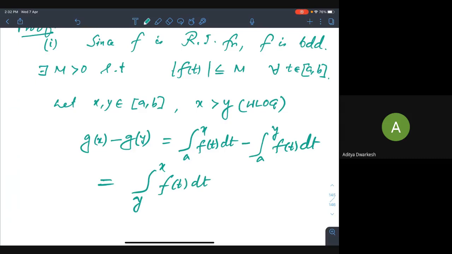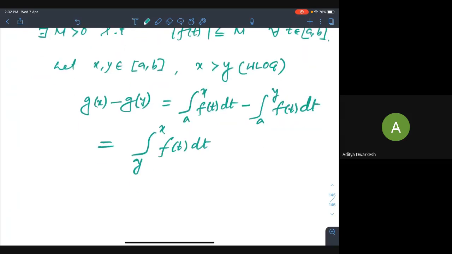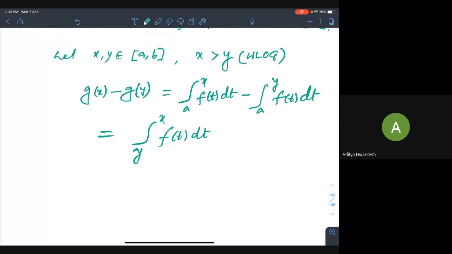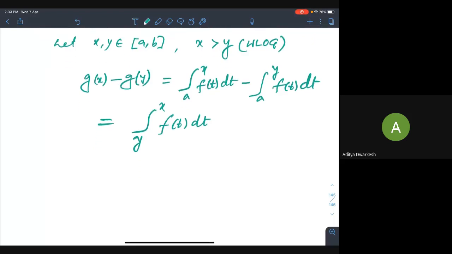The minus integral from a to y becomes the integral from y to a, and then one in the top and one in the bottom cancel. Anyway, this is the property of integration. So you have this one.